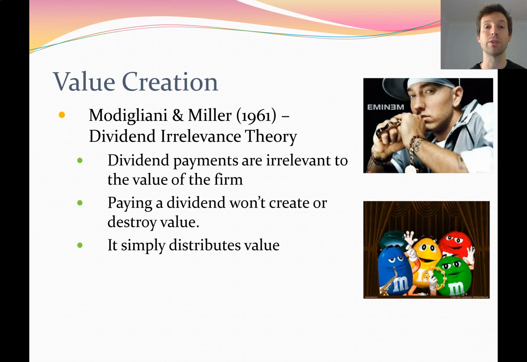They are a distribution of value. They don't indicate actual value creation. So dividend payments are another example of a financing activity, and they also don't create value. Dividend payouts don't generate returns higher than the cost of capital. So the Modigliani and Miller theory is another example of how financing activities don't generate value for the firm.